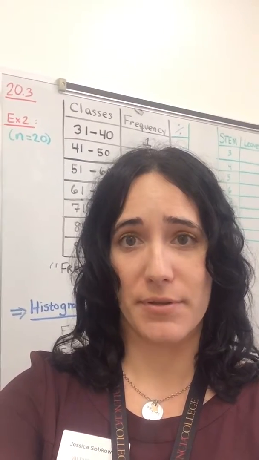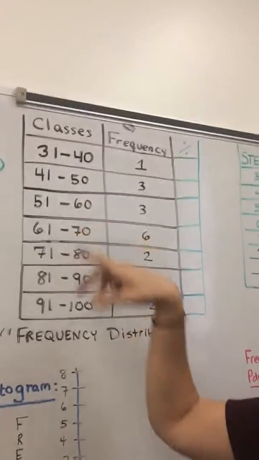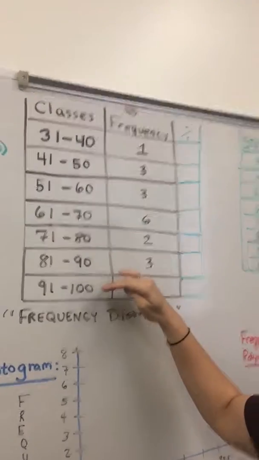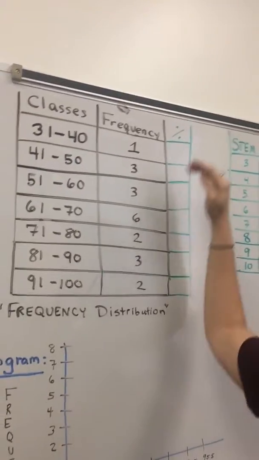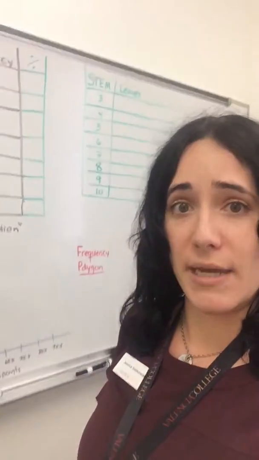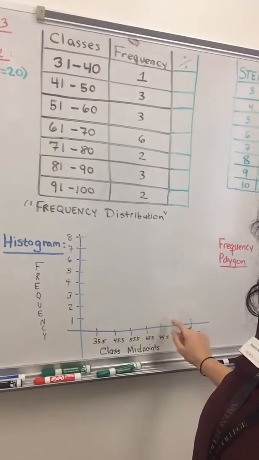So in the first example of this section, notice that we had created from our data of test scores 1, 2, 3, 4, 5, 6, 7 classes of data, and we had these frequencies. Well, our first step, if we wanted to create a histogram, would be to create our y-axis and our x-axis.